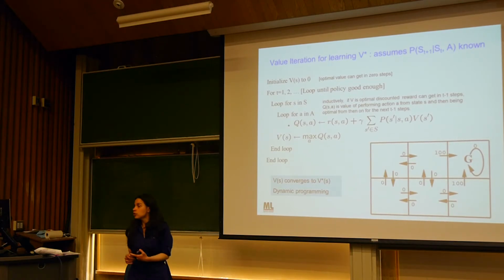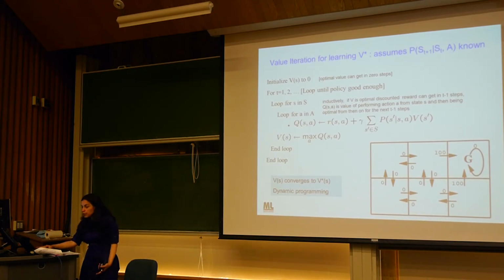Because Q of S, A is just the immediate reward I get, plus the expected value, the sum over all states S prime that I might reach, of the probability that I reach S prime given state S and action A, times the optimal value I could get in t minus 1 time steps if I'm starting in that state S prime.